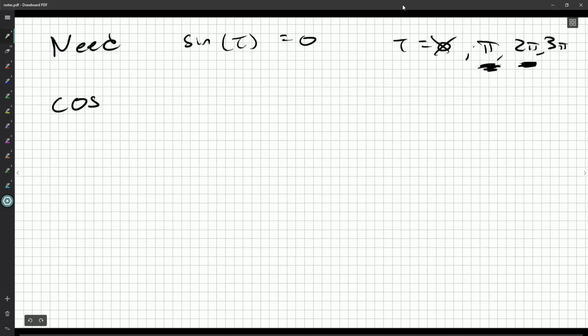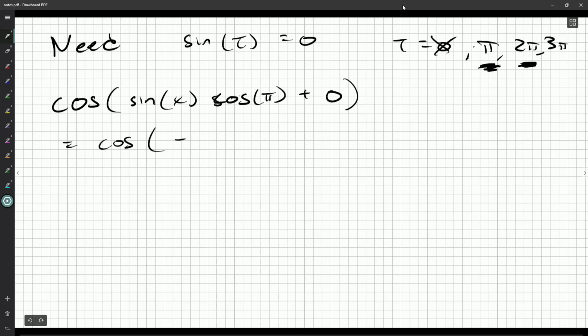Okay, well, cosine of sine x cos pi, plus it'll be 0, is equal to, and we saw this last time, we get a minus sign here. But cosine is what we call an even function. And so minus signs go away.